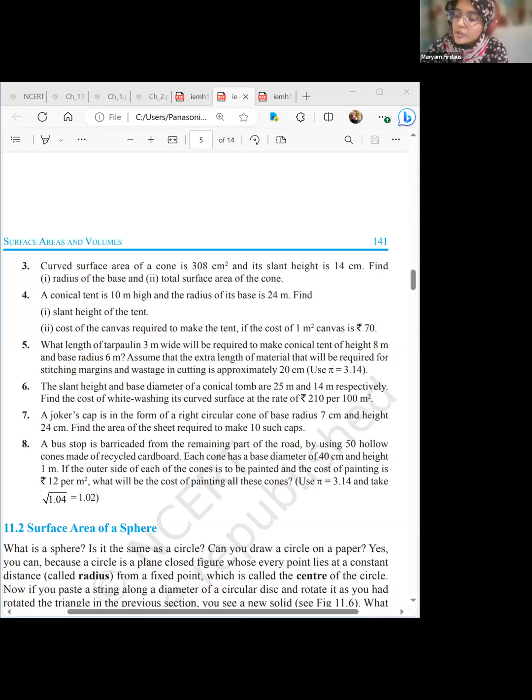CSA is going to be how much? We are going to take 3.14 in this case, okay? Pi into 6 into 10. Achha, they have also given it in the question, use pi is equal to 3.14.